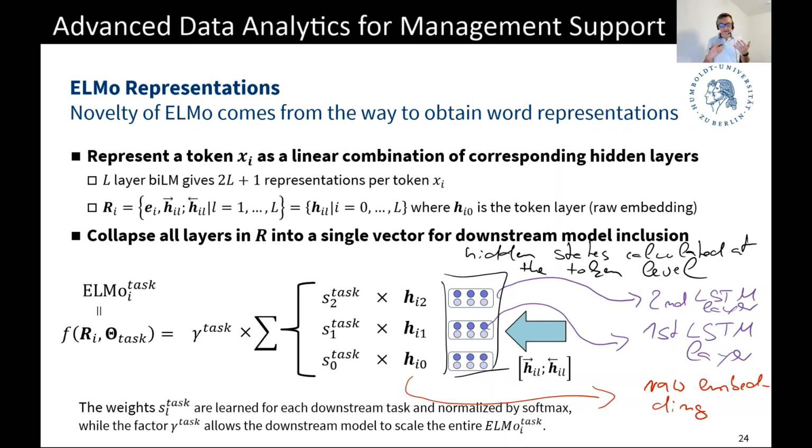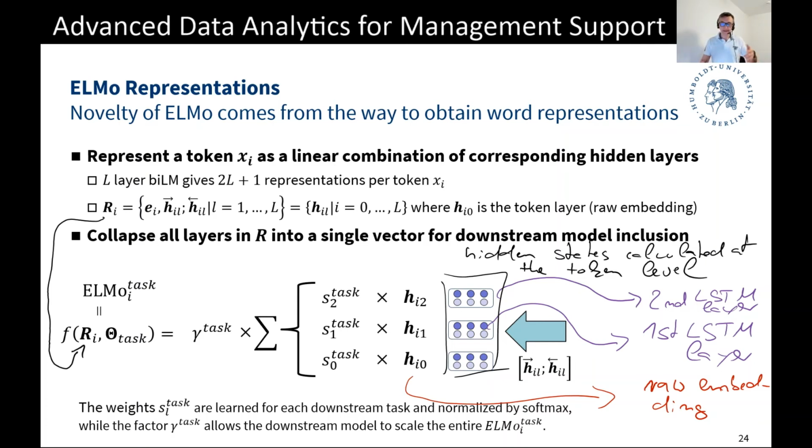And then, trying to summarize all this, I am introducing here a function f of R_i, which is basically the information encoded in the pre-trained ELMo language model. Just to make sure, here is the formal information.